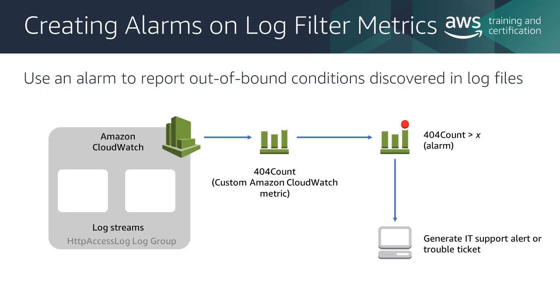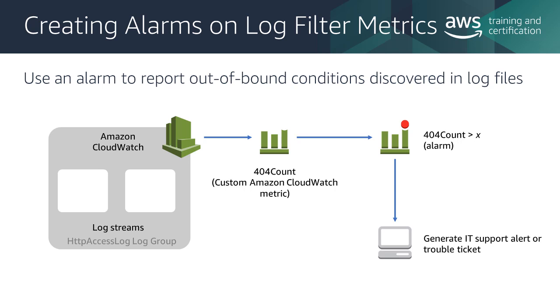CloudWatch logs, parsing through log files and being able to create alarms off of those log files, means being able to parse the text, looking for specific elements. In this case, it's HTTP access logs, and we're looking for the 404 errors.